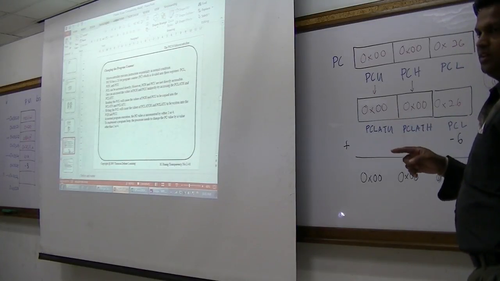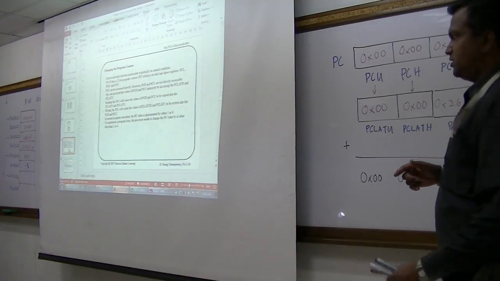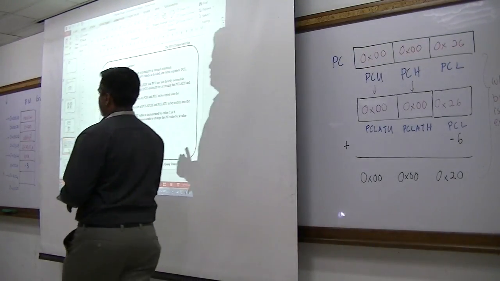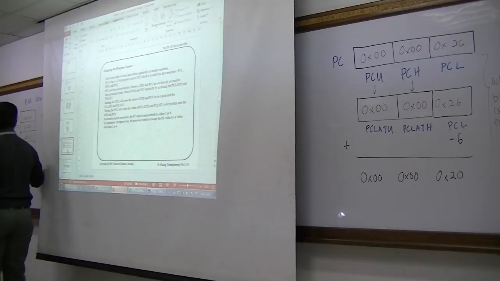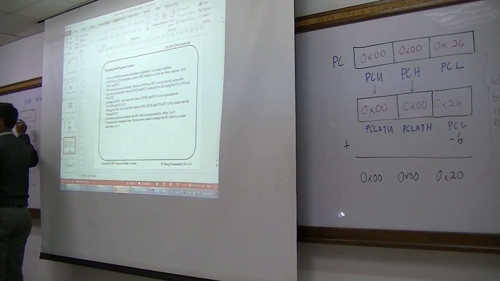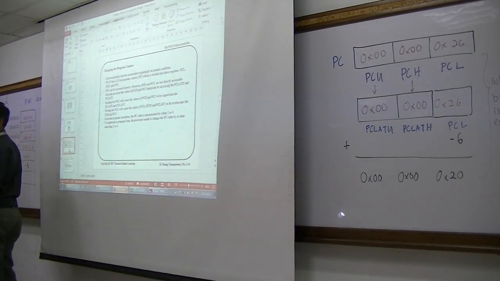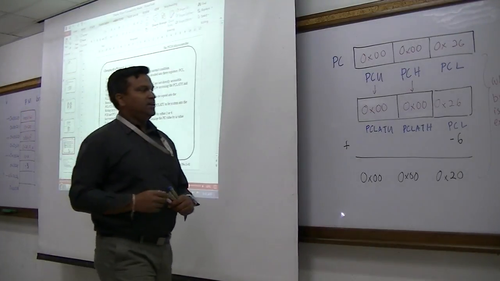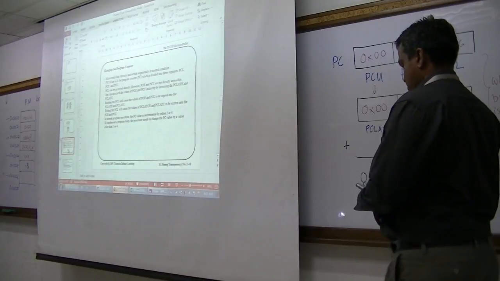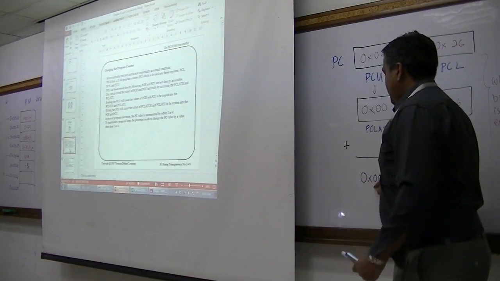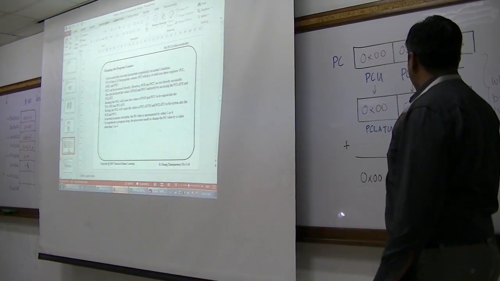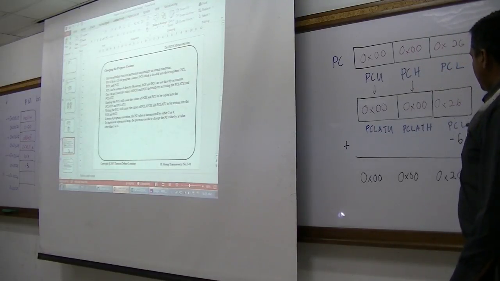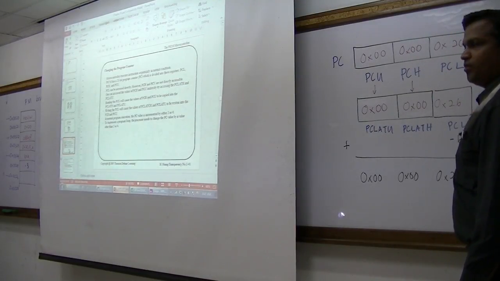Whether there we write -3, which is 3 steps, each step is equivalent to 2. So with -6 you get back to this one. So this is the content of PC latch U, PC latch high and also PCL. You see that you can directly subtract from PCL.